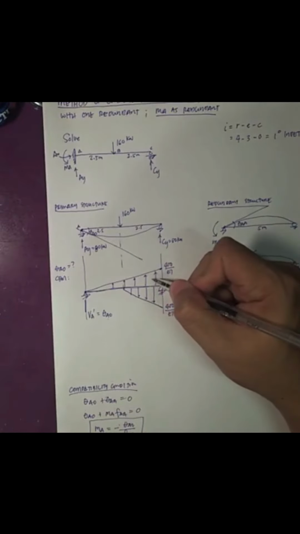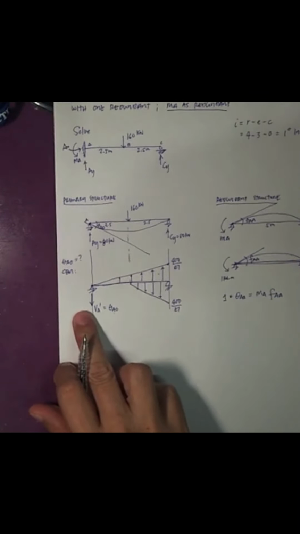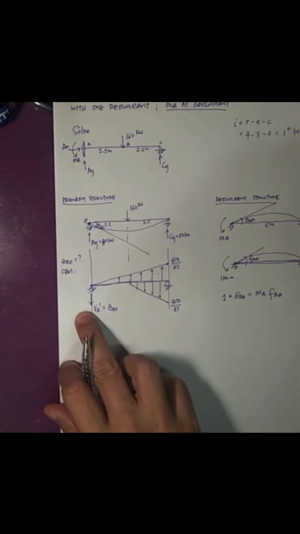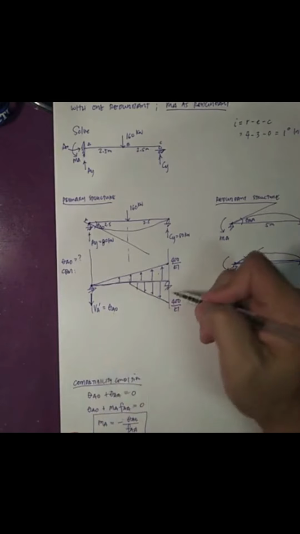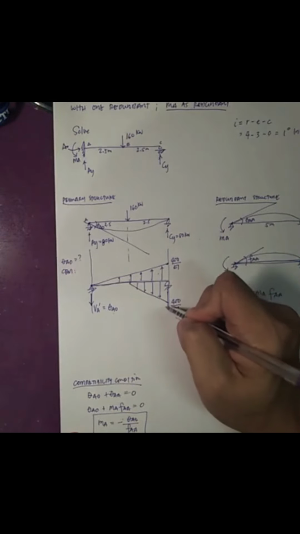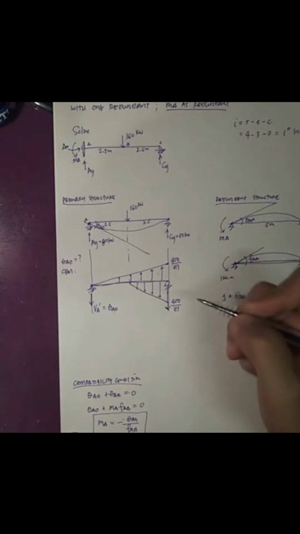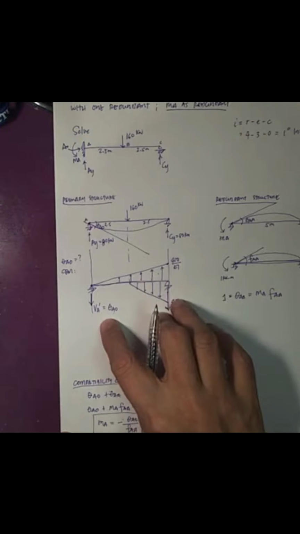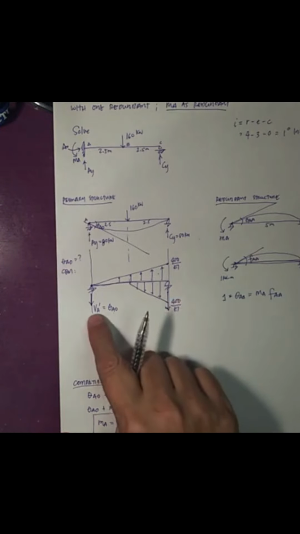Most likely the direction of this would be, since this is a bigger triangle compared to this one, I think this would be downward. So you could just assume, if you don't know really the actual direction, and verify it later if it is correct or not. Likewise, since this is a roller, there will be a reaction there, so let me assume it as downward also. But for this case, what I need is the shear at A prime.